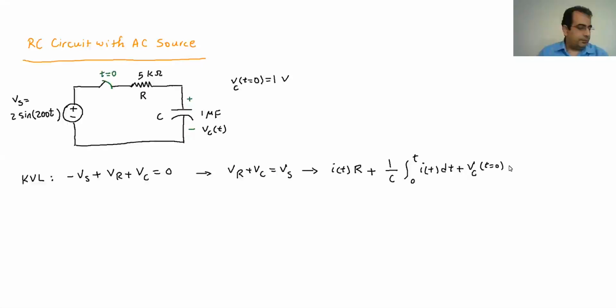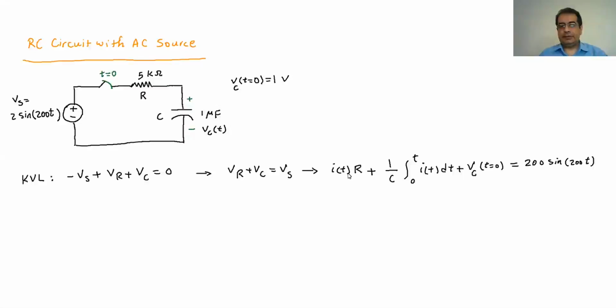And this is going to be equal to Vs, and Vs here is 2 sine 200t. So this is the equation we have.